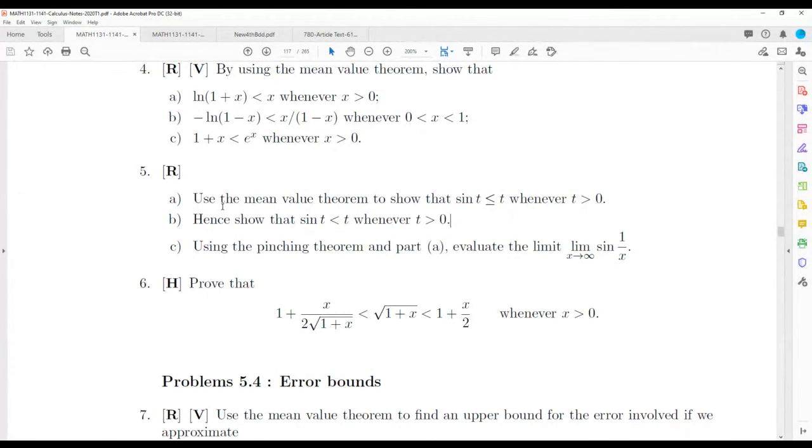Maybe you can have a go in the chat or something. But the MVT can help you with mathematical connections and inequalities. So the first part, which is the easiest part, use MVT to show sine t less than or equal to t for t positive. Okay. So that's pretty easy to do.